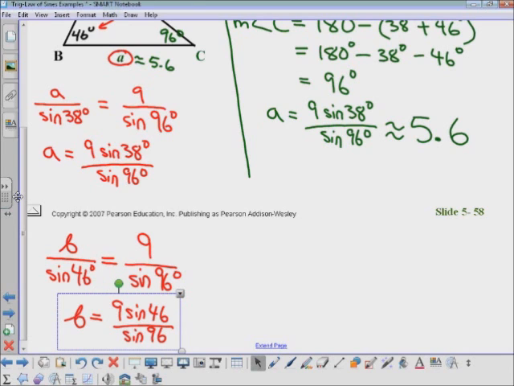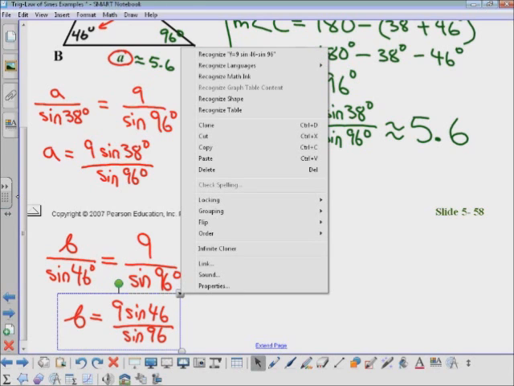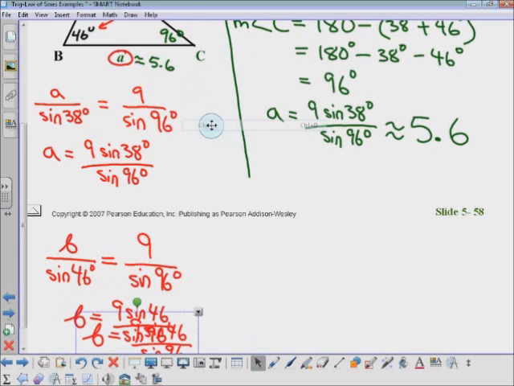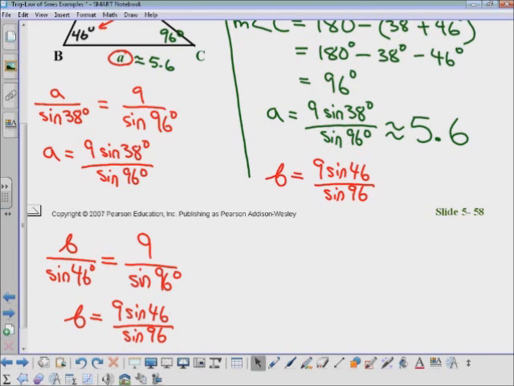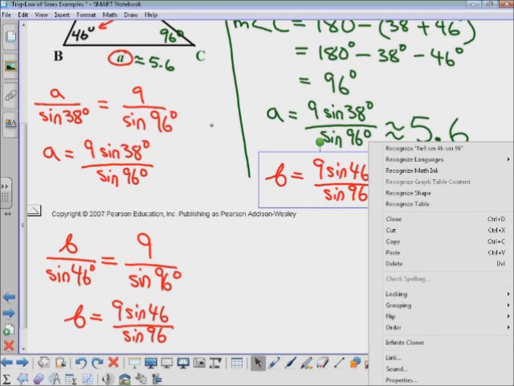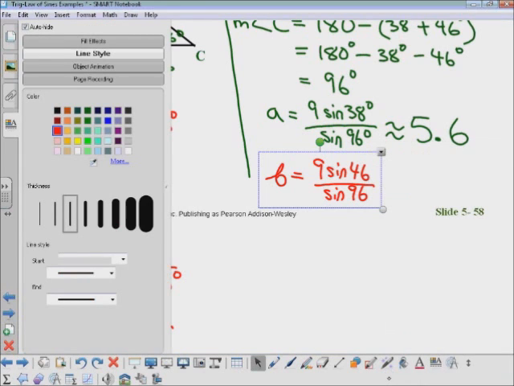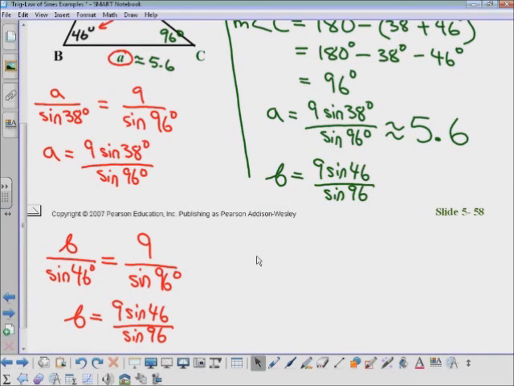I'm going to cheat. If you have a smartboard at home, feel free to do this. I'm going to clone that bad boy, slide it over, change it back to green. Looks like I wrote it again perfectly. And again, showing me this answer shows me how you got it.